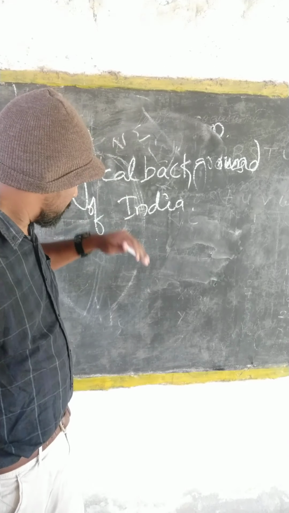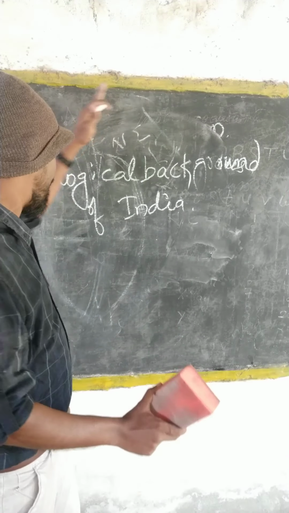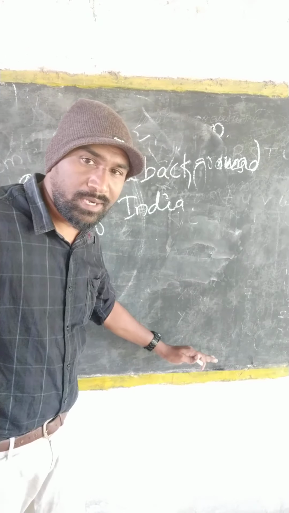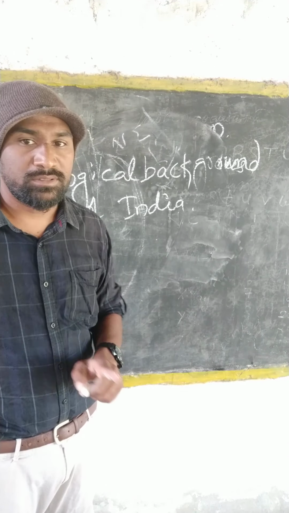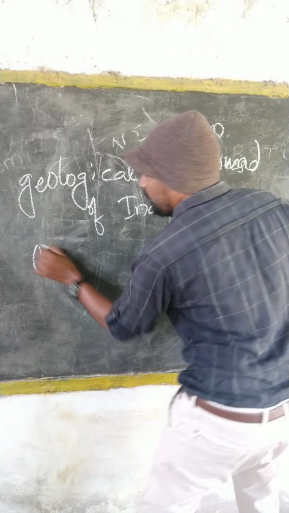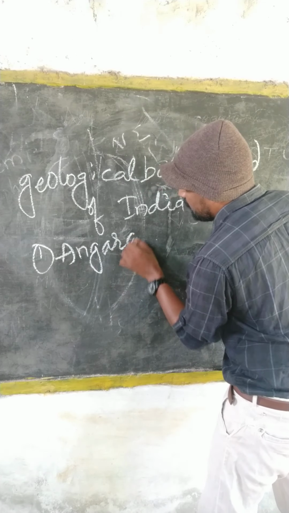Before India or other countries existed, the whole landmass of the world was mainly divided into two parts only. The first part is Angaraland, and the second one is Gondwanaland.